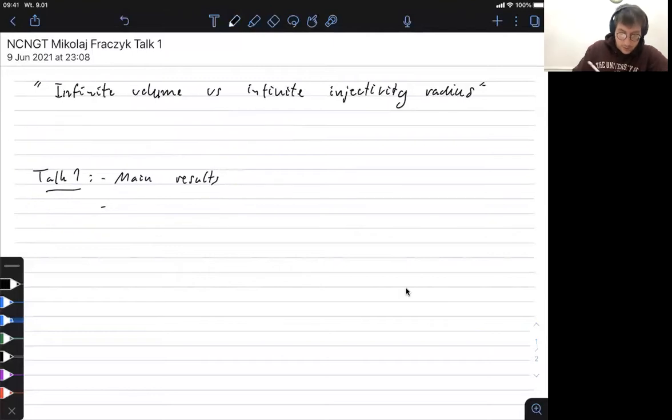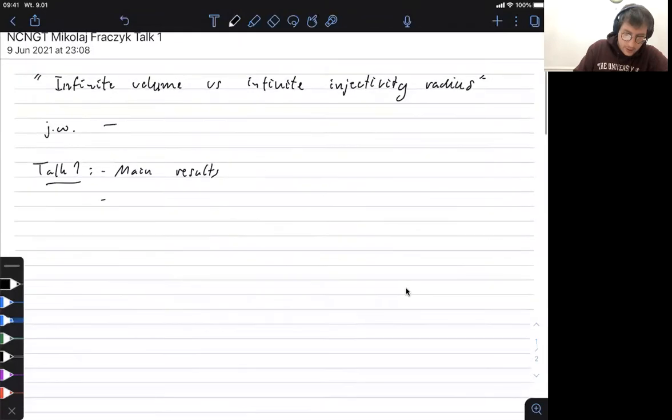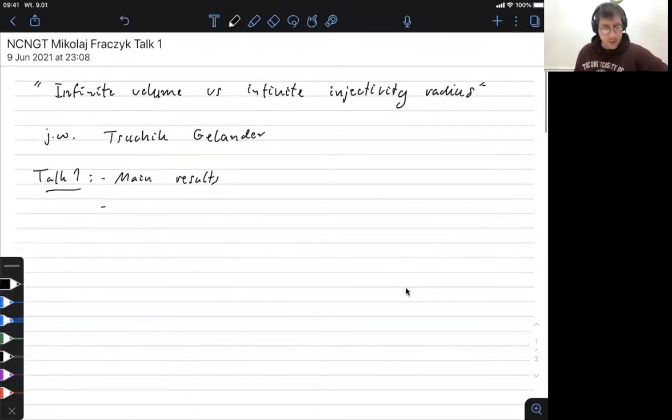So let me put it here in writing that this is joint work with Tsachik. You can find the relevant preprint on arXiv. We have just one preprint together, so you'll find it if you type in our names.